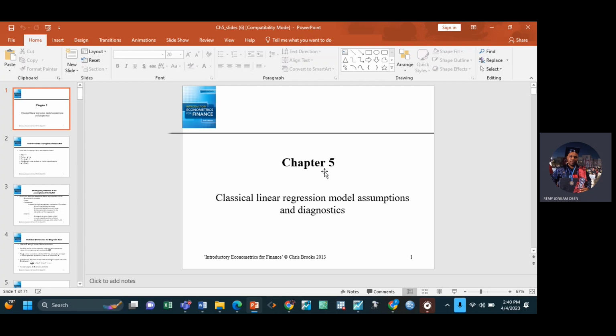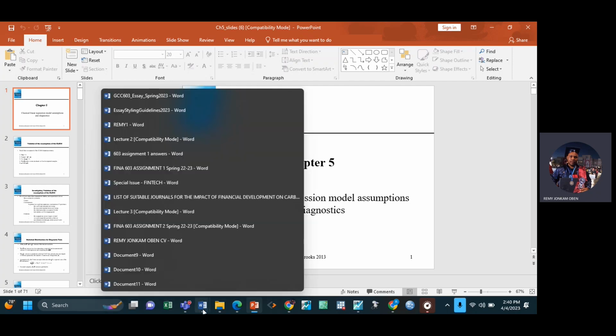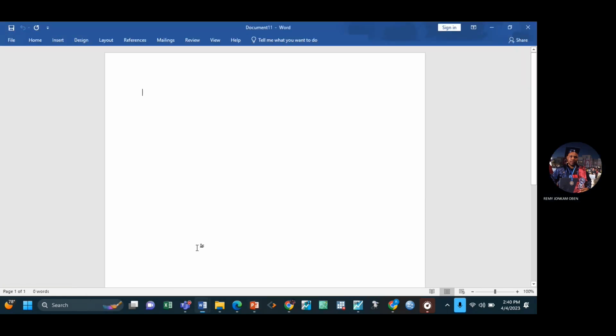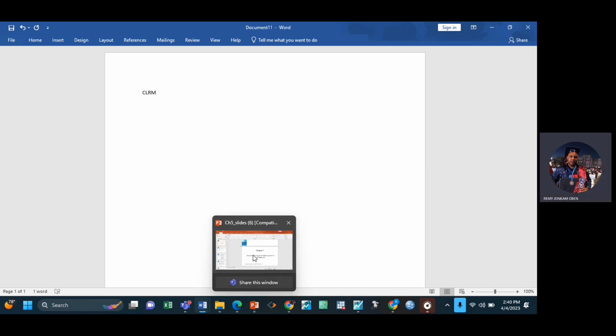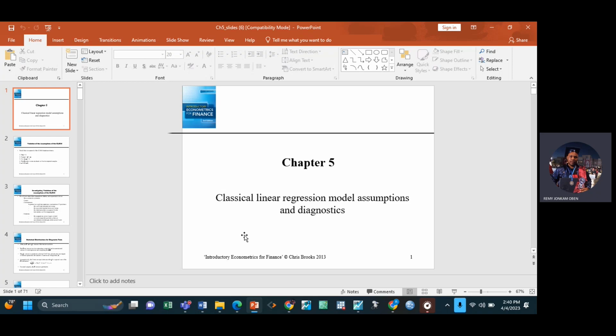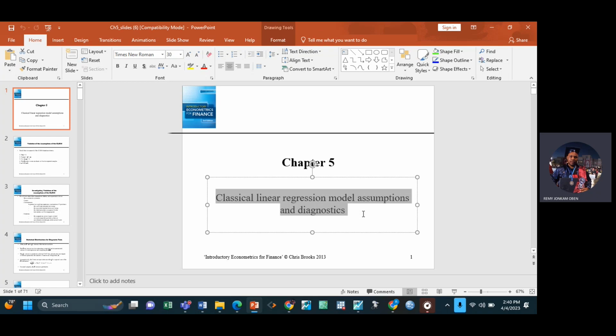So today we are looking at classical linear regression model assumptions. Before we start, who has an idea of classical linear regression model assumptions? What are they telling us about?